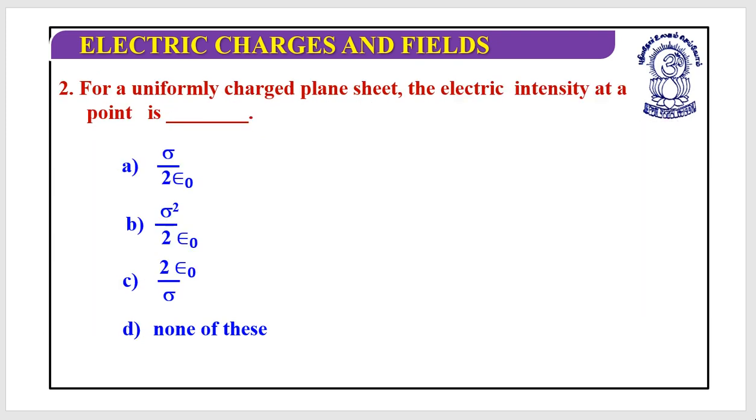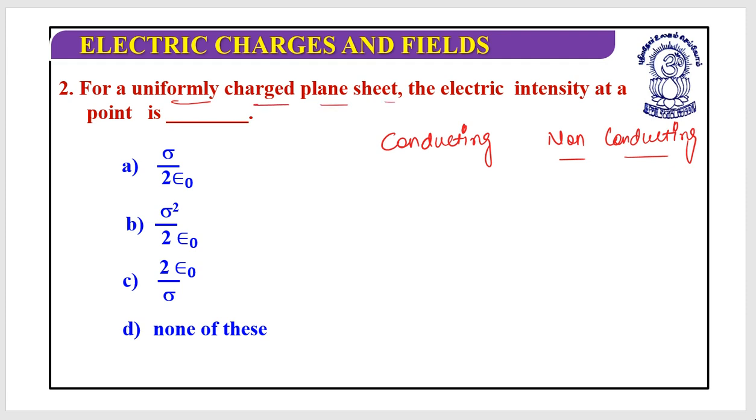Yes. Let's go through one more question. For a uniformly charged plane sheet, the electric intensity at a point is, now very good question. We have talked about that there are two sheets, one is the conducting, another is the non-conducting. But what can I do if they have not mentioned whether it is a conducting sheet or a non-conducting sheet? Like this is the case, a uniformly charged plane sheet.